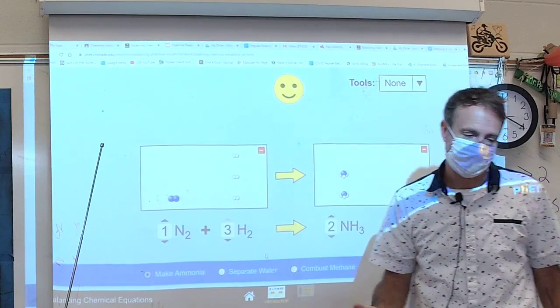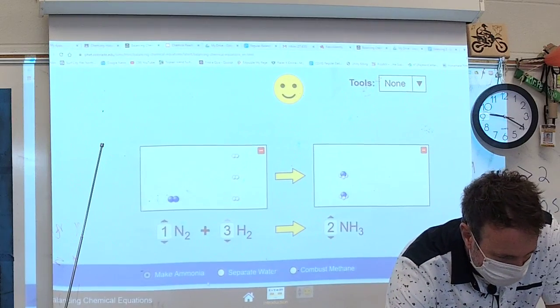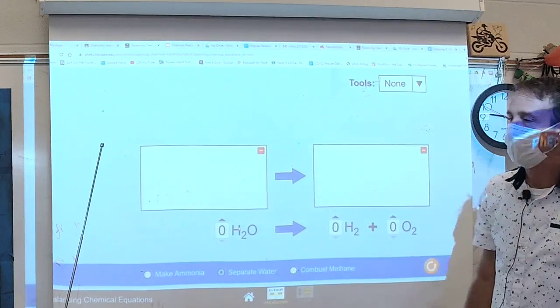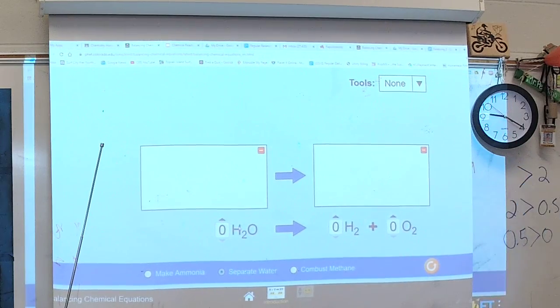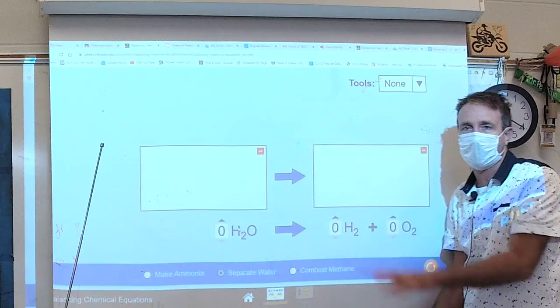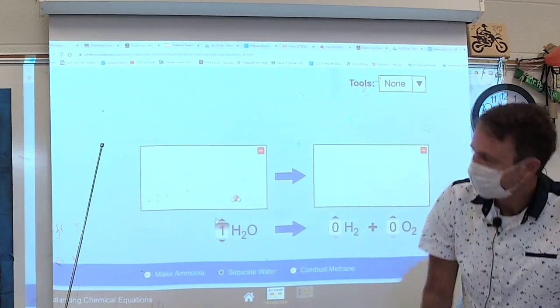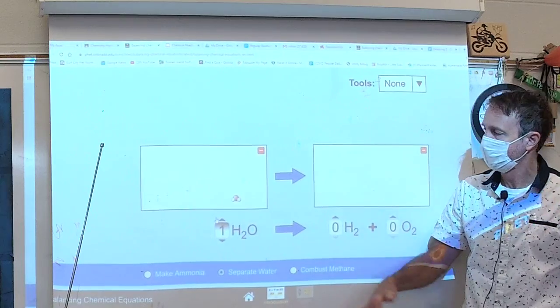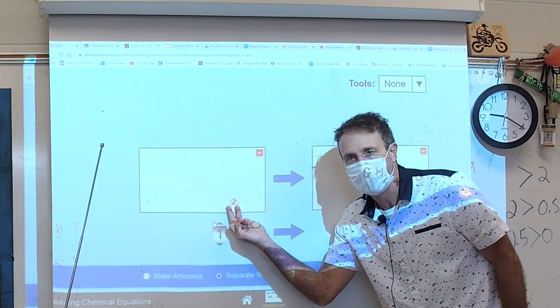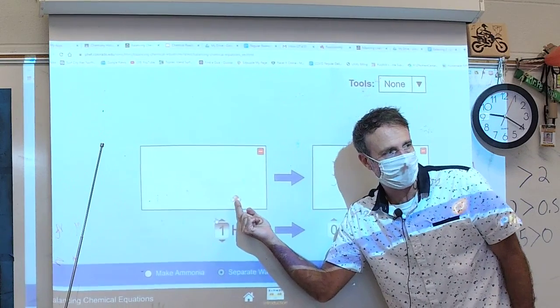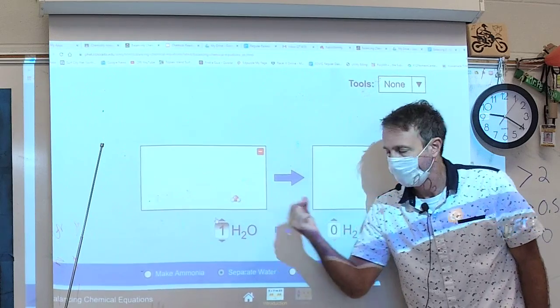Right? It's a little game. Let's try another one. Here's one I talked to you about. This is separating water into hydrogen and oxygen gas. We have nothing so far, so let's start out with a water molecule. If you look at this water molecule, there are 2 hydrogen atoms, and this orange one is an oxygen atom, right?